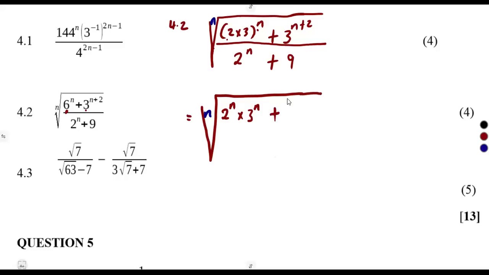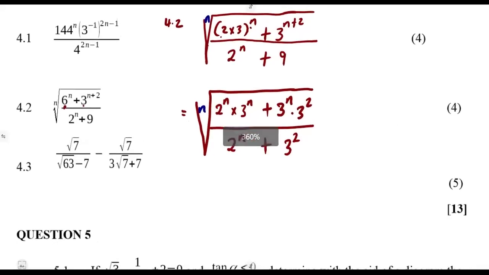Plus, separating this is 3 to the exponent of n times 3 to the exponent of 2. Remember, this is what it means for us to add these exponents. Everything over 2 to the exponent of n plus 9, which is the same as 3 to the exponent of 2, if you want to write it that way. So this is where we are, guys.